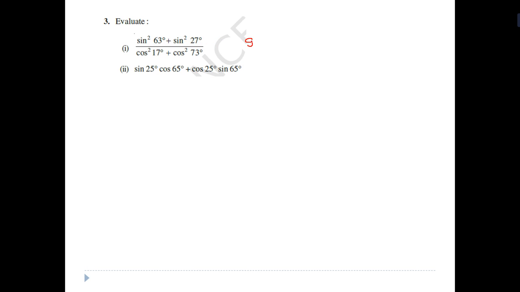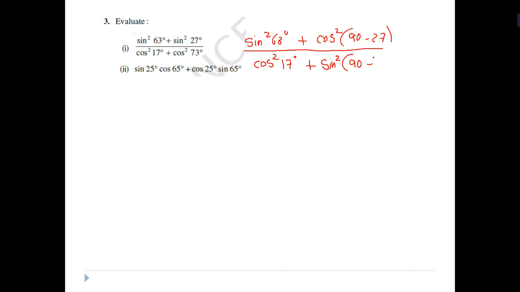Now sin square 63 I have to write as it is, and here cos square 90 minus 27. Same thing, cos square 17 as it is, here sin square 90 minus 73.